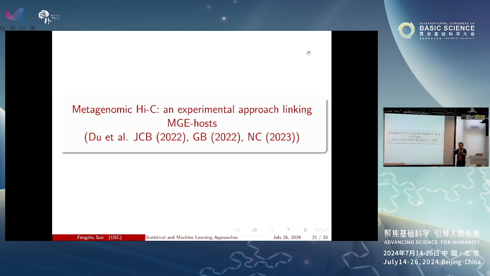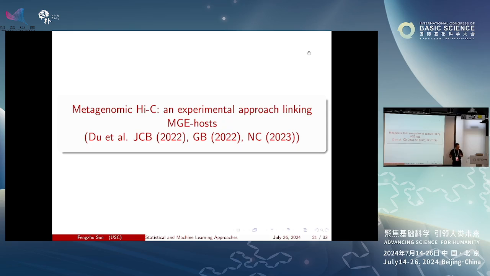It's just, oh yeah, this virus had affected the other bacteria before. But it does not indicate that in this particular sample there are some interactions.